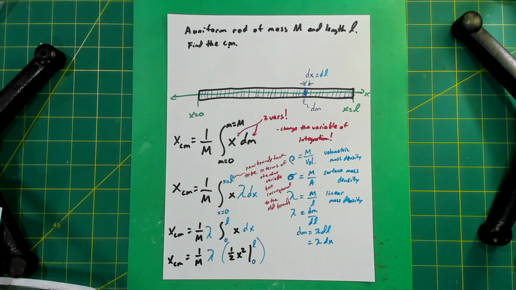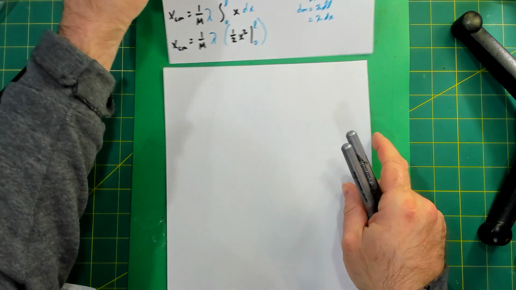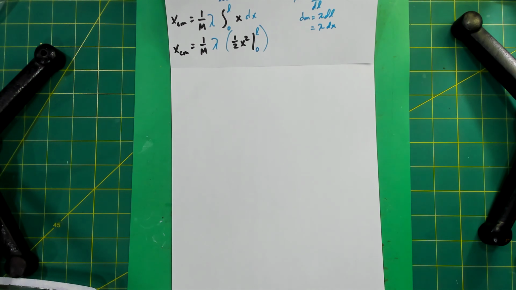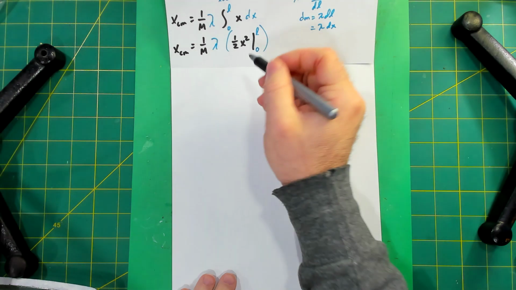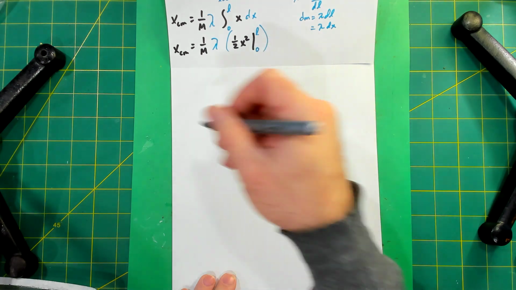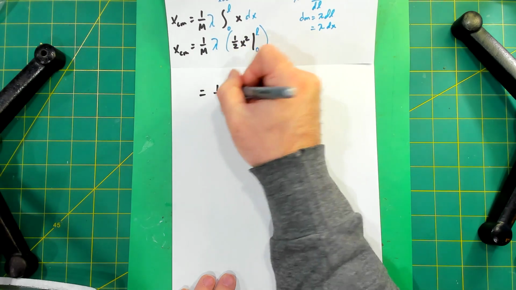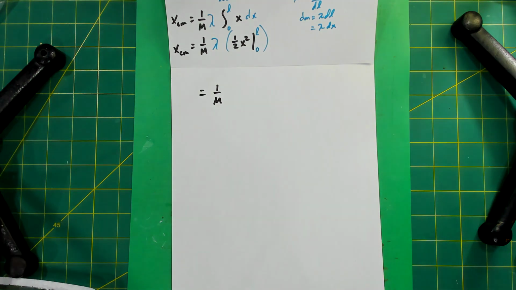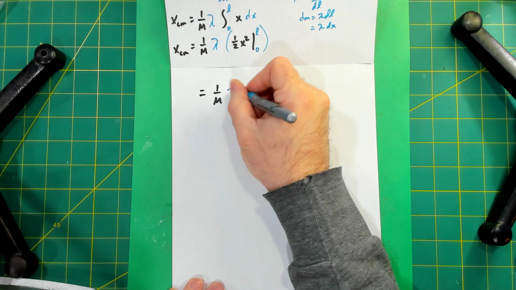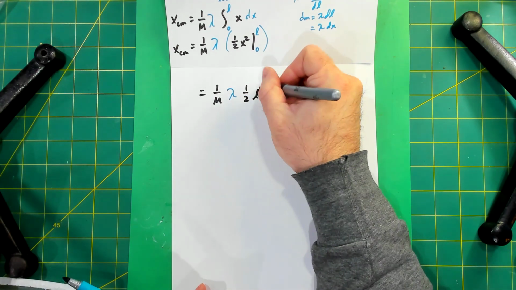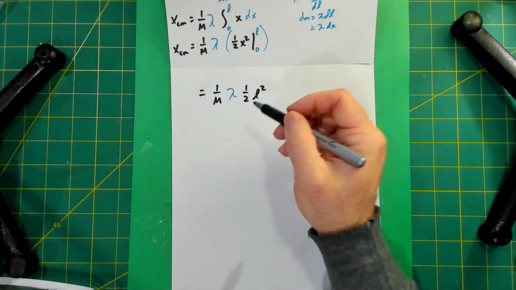And so continuing on, when I put in the L, it's just going to be 1/2 L squared. Put in the 0, it's just going to be 0. So it's just 1/2 L squared. So my center of mass is going to be 1 over m, lambda, 1/2 L squared, right?